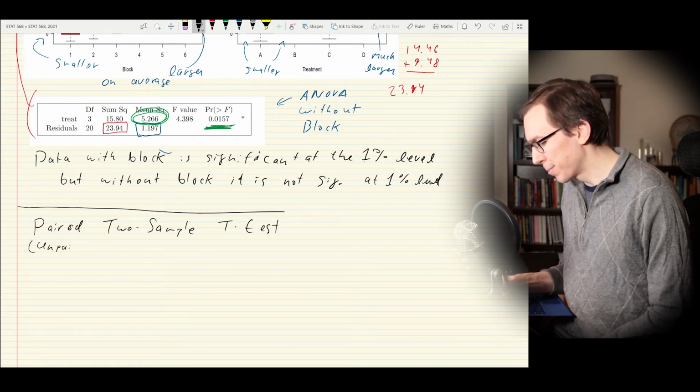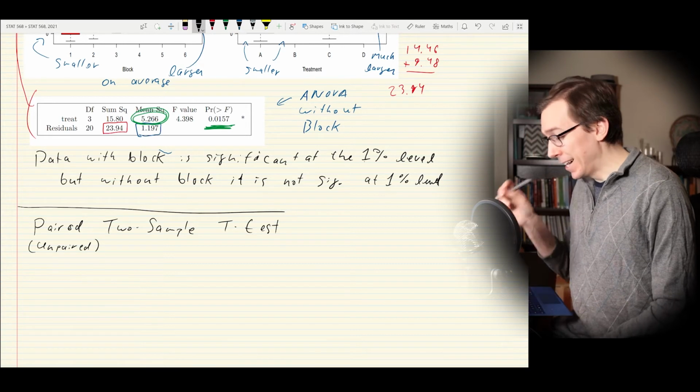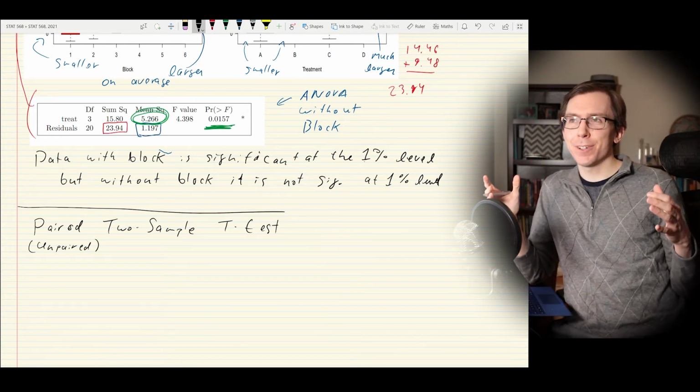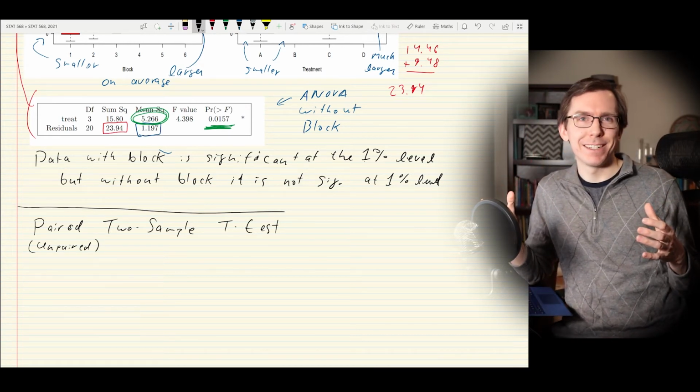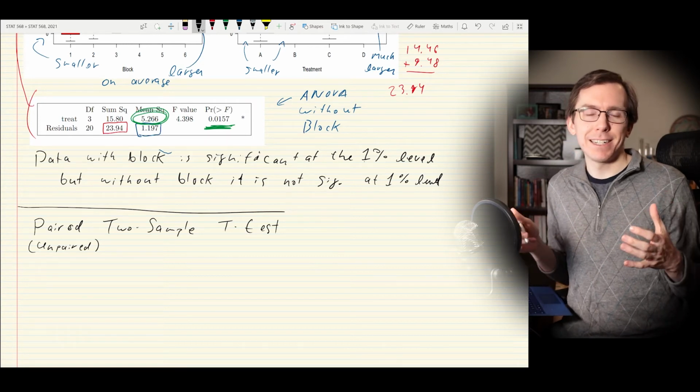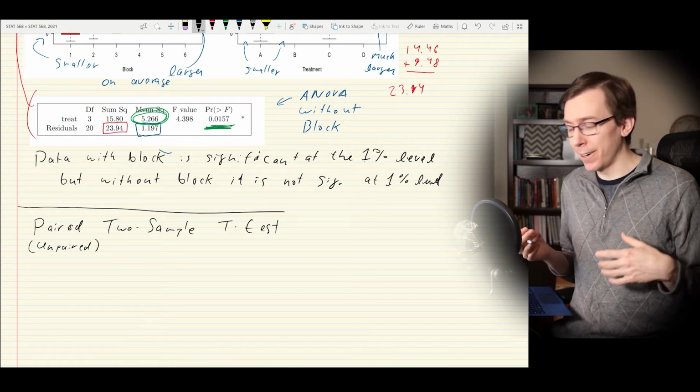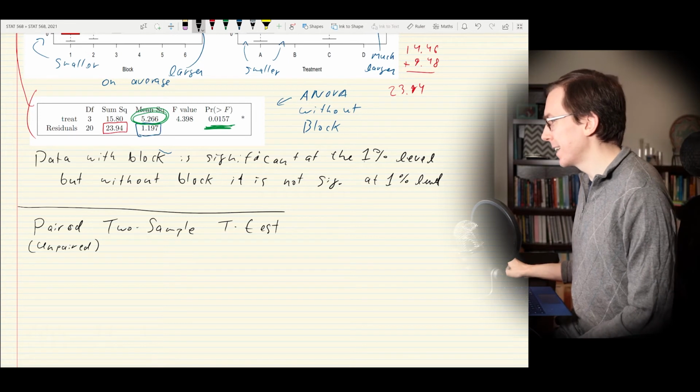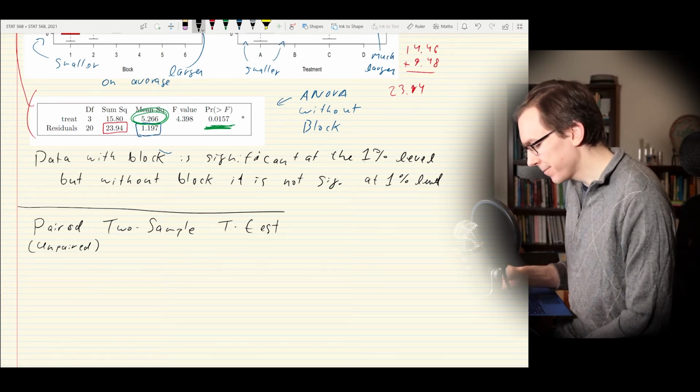I guess paired is blocked and unpaired is not blocked. When you first learn how to do a two-sample test, you probably discuss paired versus unpaired. These are two different settings for our t-test.